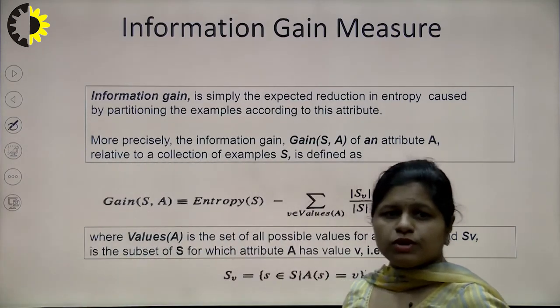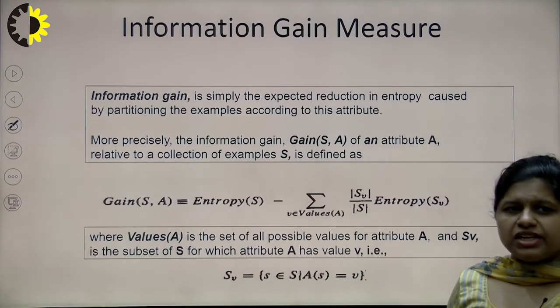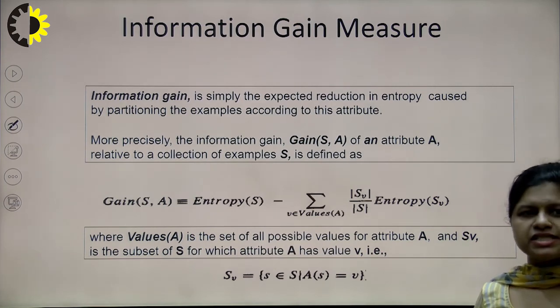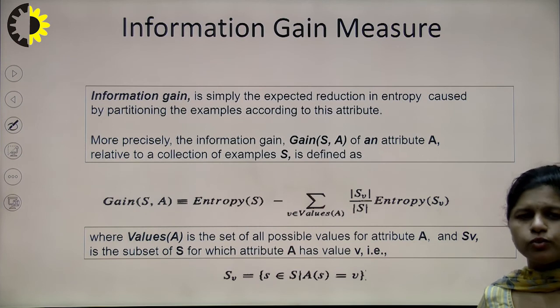Now, what is the information gain measure here? Information gain is simply the expected reduction in entropy caused by partitioning the examples according to the attribute.